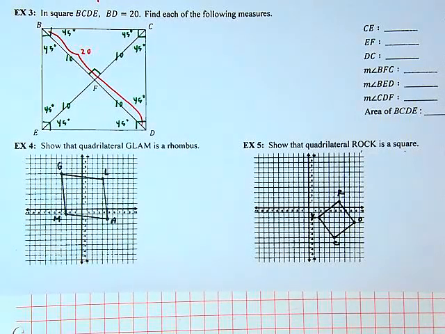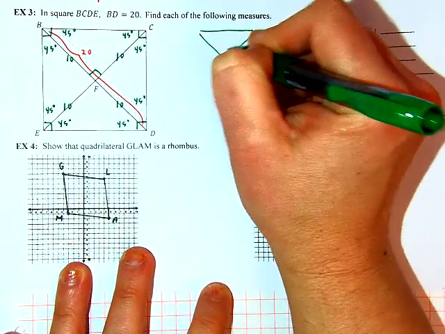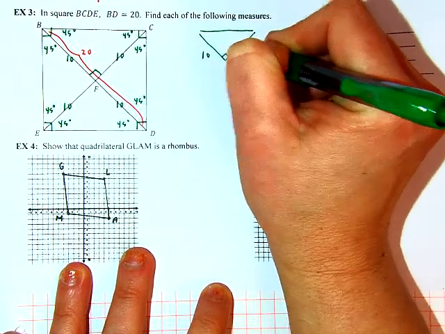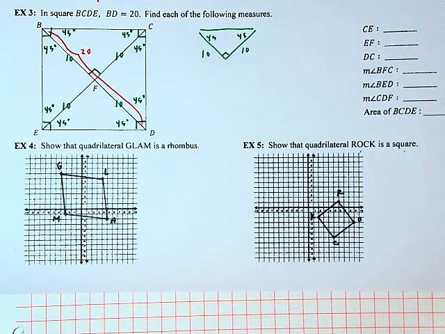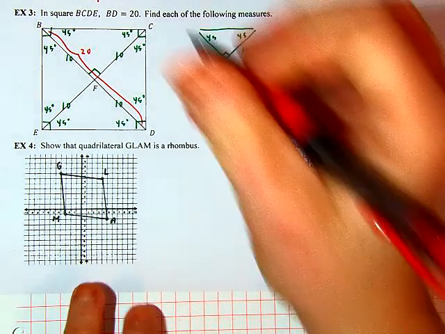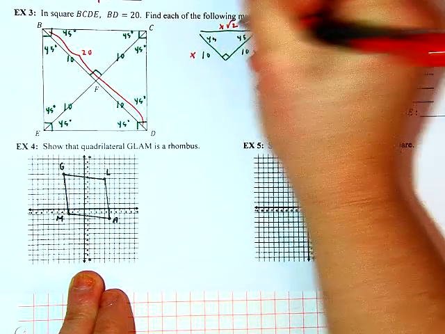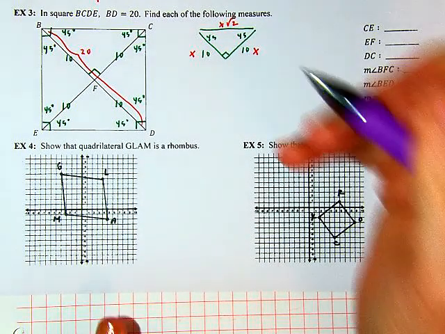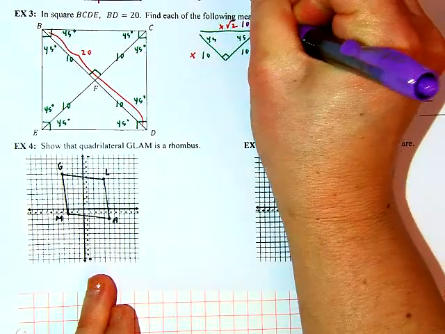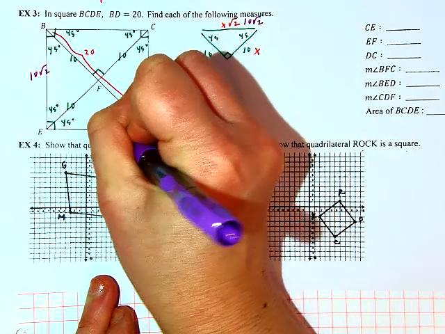So it looks like I have everything except for my sides. If I picture one of those right triangles, I can see that my two legs are 10. These are 45 degrees, so I have a 45, 45, 90 or an isosceles right triangle. The two legs are x and the hypotenuse is x root 2. So I know that my hypotenuse would be 10 root 2, so all of my sides will then be 10 root 2.